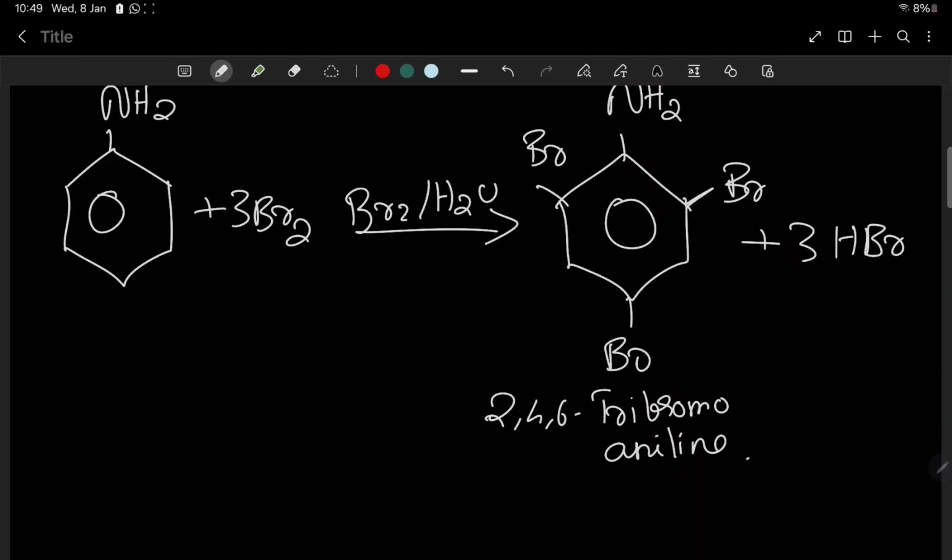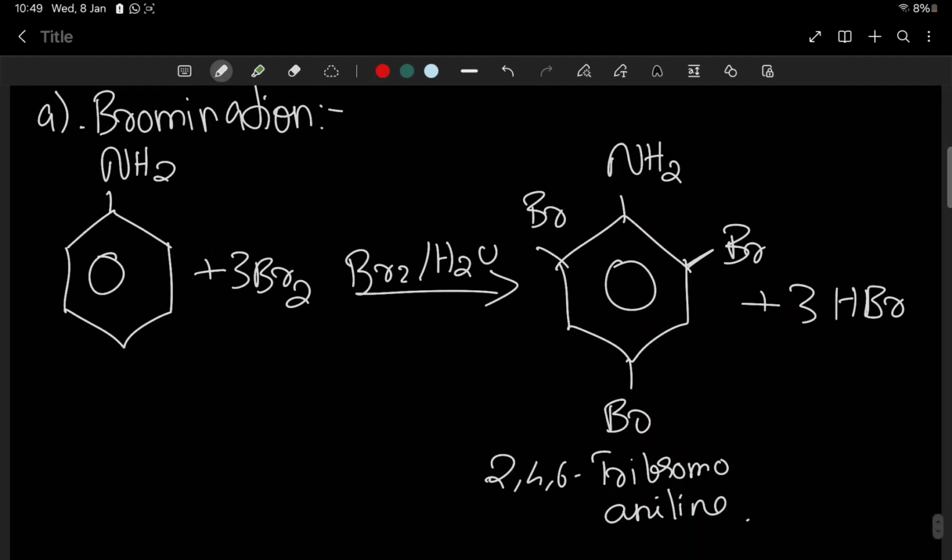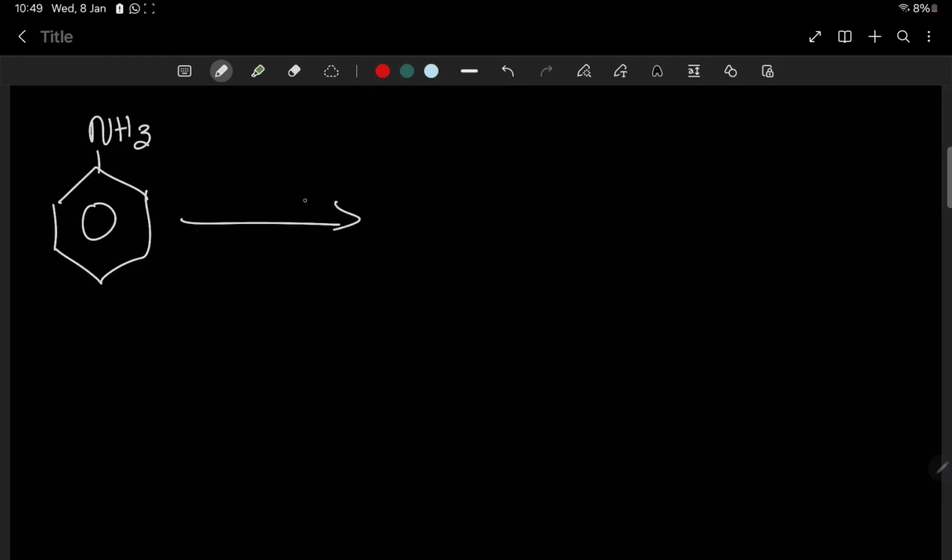The main problem encountered here is that the reaction is very reactive. So if we need to get only ortho substituted aniline or only para substituted aniline, what should we do? Take the aniline and add acetic anhydride in a base, usually pyridine, pyridine medium.